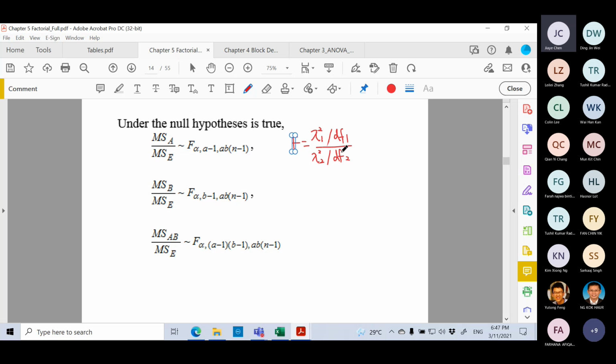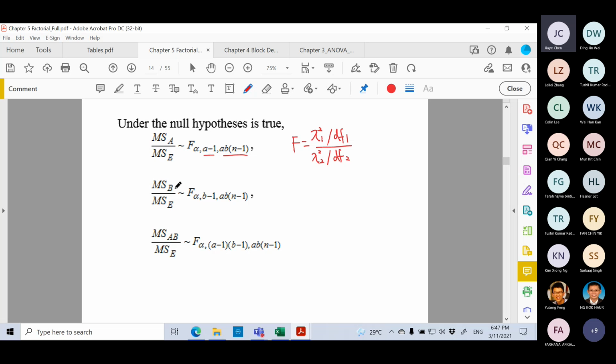So with two chi-square distributions, you form the F distribution. The MSA is in fact a chi-square over its degree of freedom. So it follows the F distribution, where A minus 1 is the degree of freedom for A, and AB times n minus 1 is the degree of freedom for error.